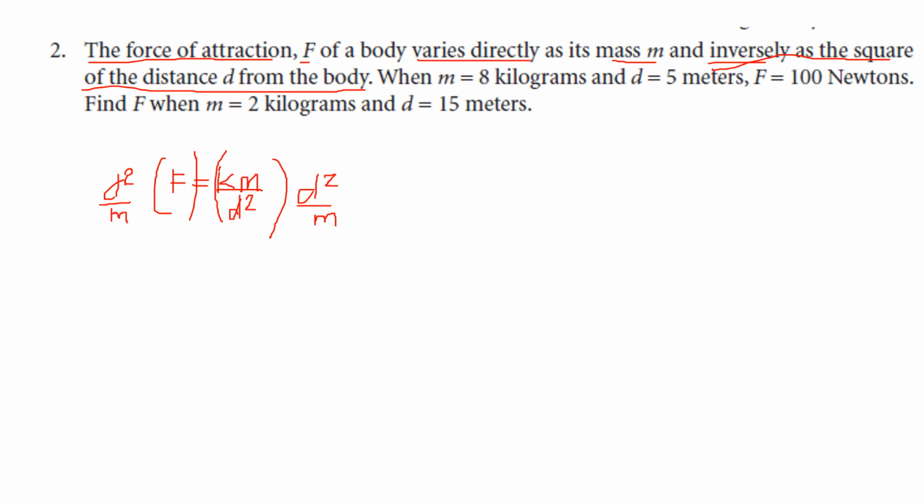Para makacancel out ko ng D squared, o makacancel out ko na ng M, nakatapad ng K. Kaya ang akong gusto si K na lang nabilin. So, naa ako D squared over M. I hope na gets na. Kay D squared over M akong multiply, the same nga D squared over M. So, I have here, kinsay nabilin sa pikas na ako K. K is equal to D squared times F, that is D squared F over M.